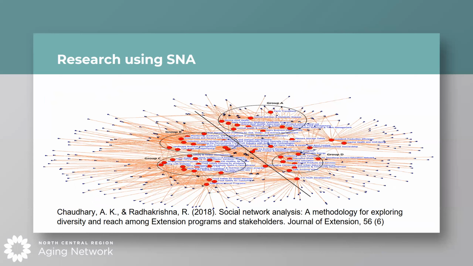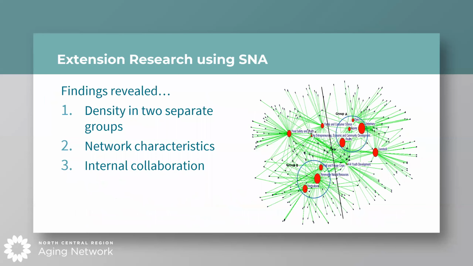They also verified the list of the programs and stakeholders information with the available information on their website as well. As you can see, there are some cliques shaped between A and B and C and D. So these findings reveal a lot of interesting information.